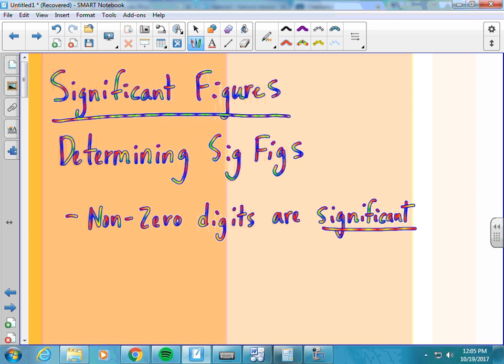So any number 1, 2, 3, 4, 5, 6, 7, 8, 9, all significant digits. All right, so really easy. If it's not 0, it's significant.